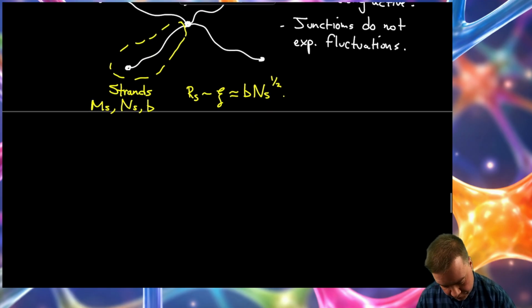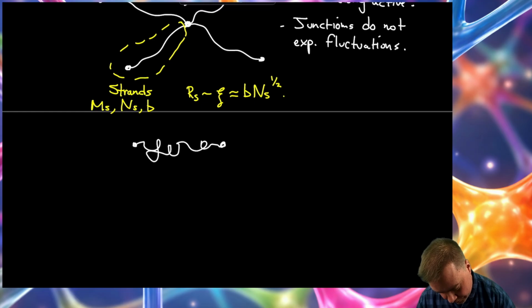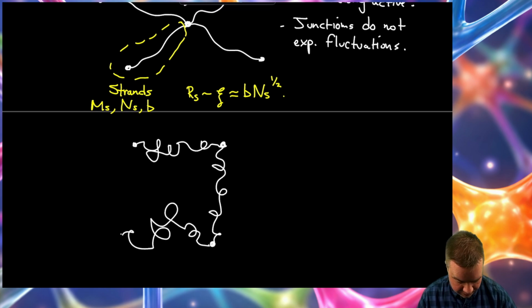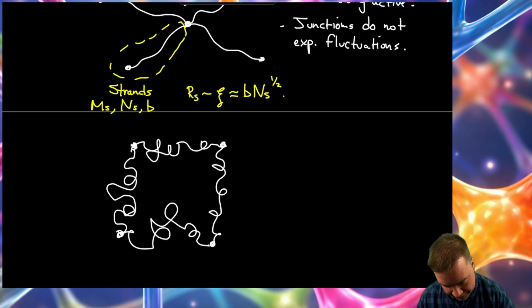If I was to zoom in on the structure of the network, here's one polymer chain going to a junction. I'm going to make it square to make it a little easier to see. This goes to another junction. We've got another polymer chain that's wiggling here and goes to this junction. And then another one here going to that junction. So let's maybe color in the junctions.